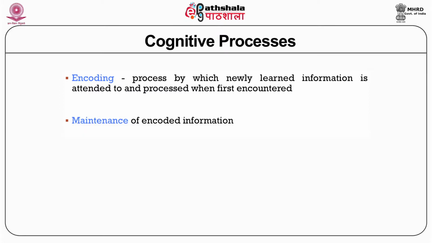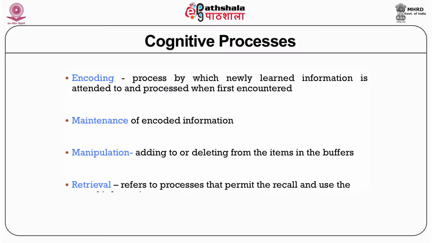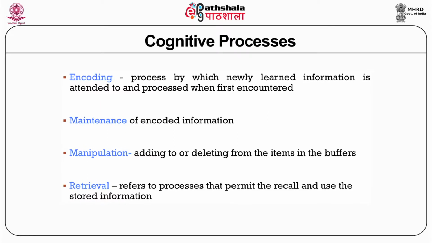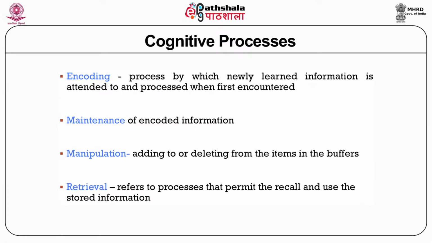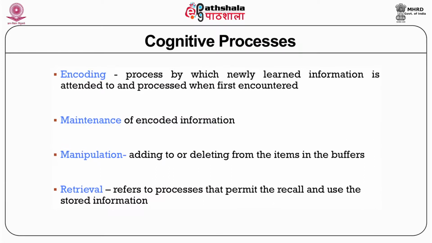Second is maintenance of the encoded information which we already encoded. Third is manipulation, which is adding to or deleting from the items in the buffers. And lastly, retrieval, which refers to the processes that permit the recall and use of the stored information.